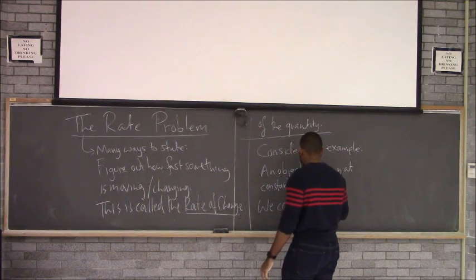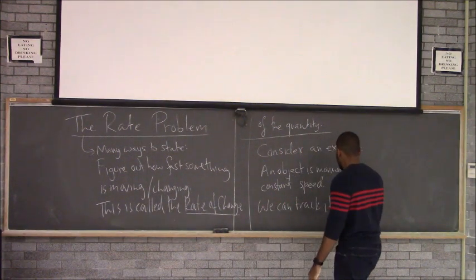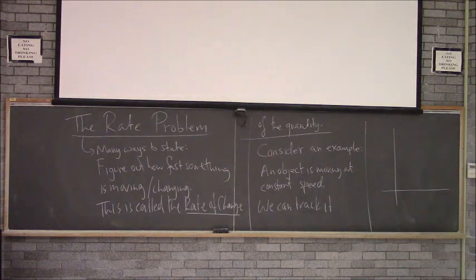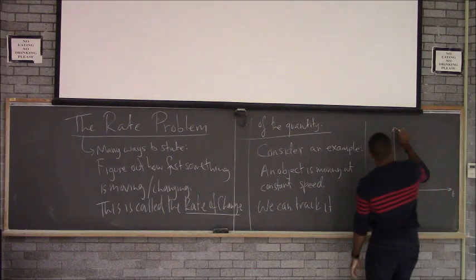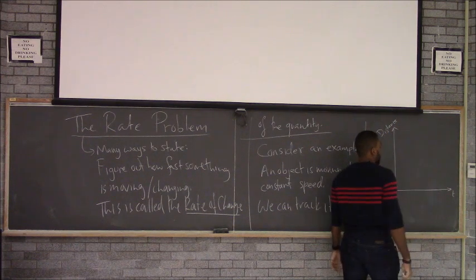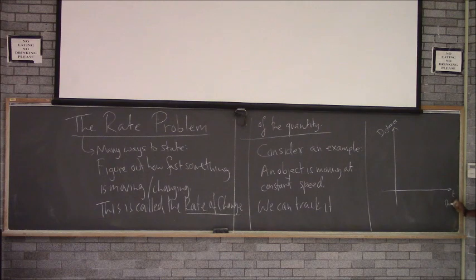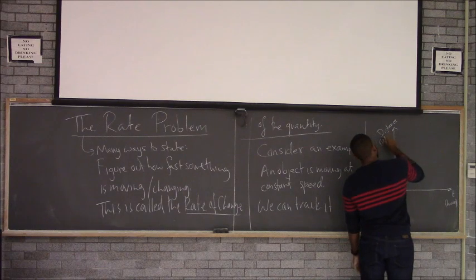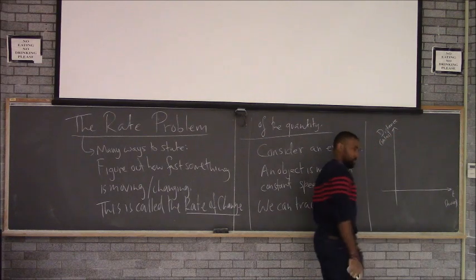Let's say we can track it. It's a very fast-moving object. What I'm going to do is suppose I'm measuring it over time. That's t. And I'm measuring the distance this thing has traveled. Let's make time in hours, just to be definite. Also, to be very suggestive, let's do distance in miles.